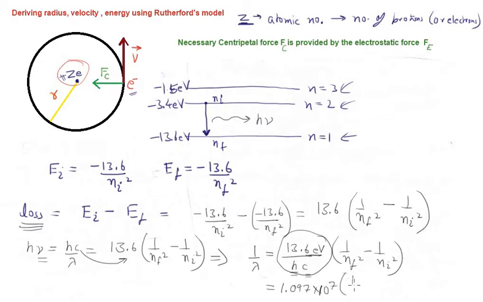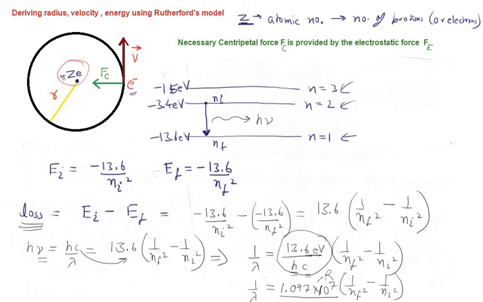And it will be equal to 1 by nf square minus 1 by ni square. This value is known as Rydberg constant, represented by R. So this value is basically R.